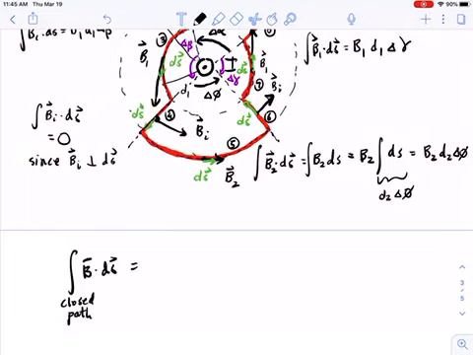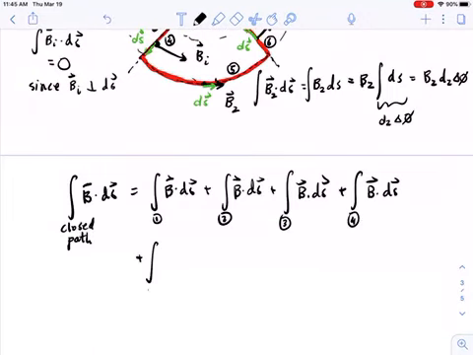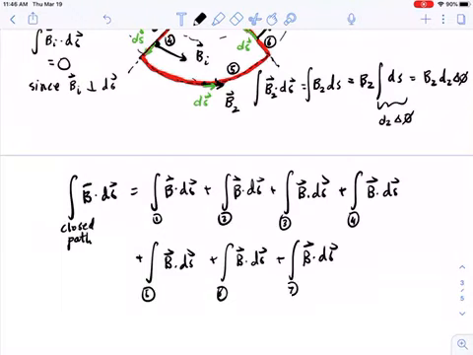So this B dot ds around the closed path is B dot ds around segment 1, and yes, I'm going to write this out 8 times, plus 2, 3, 4, plus 5, plus 6, plus 7, and plus 8.